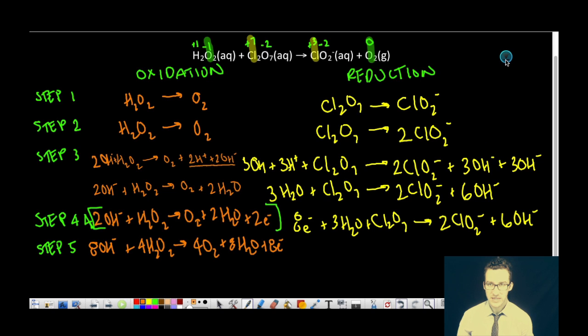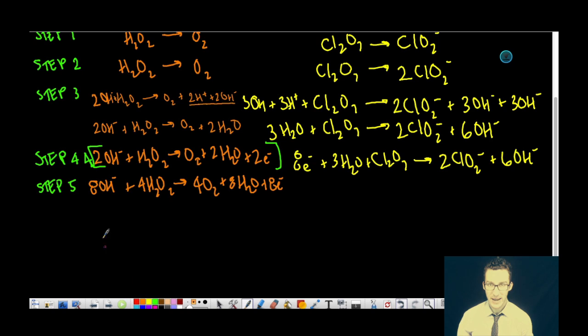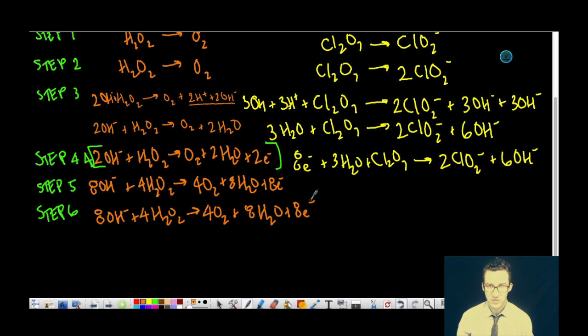And then your final step, step 6, is to combine the 2 half reactions back into one giant balanced overall redox reaction. And so our oxidation half reaction, the 8 hydroxide plus the 4 hydrogen peroxide forms 4 O2 plus 8 H2O plus 8 electrons lost.